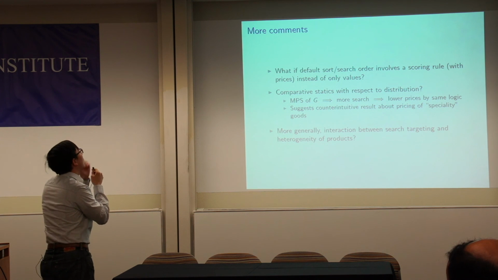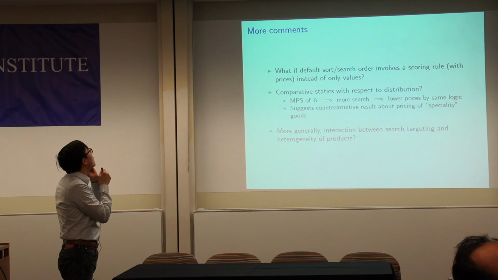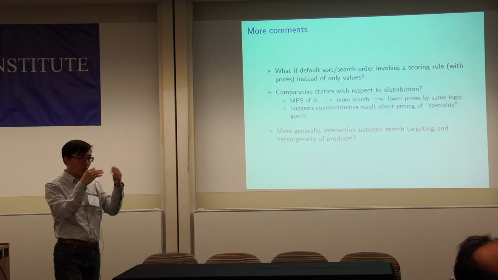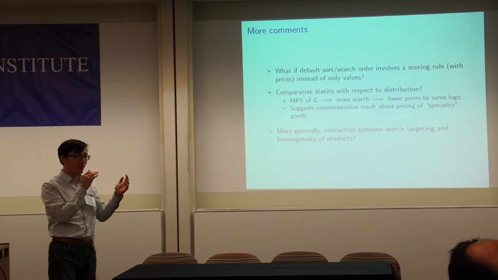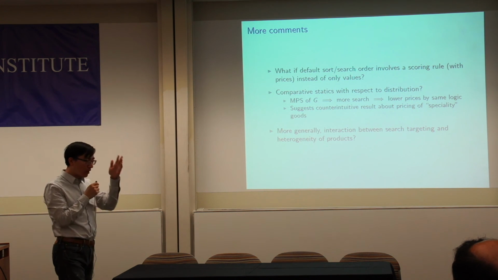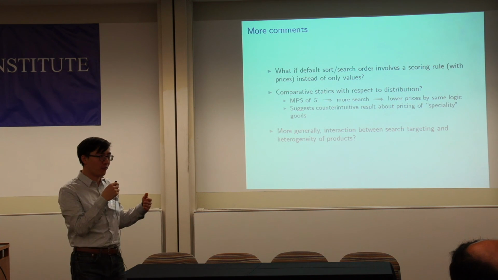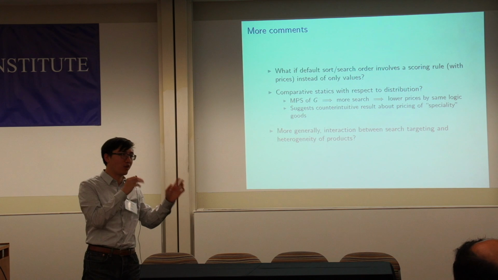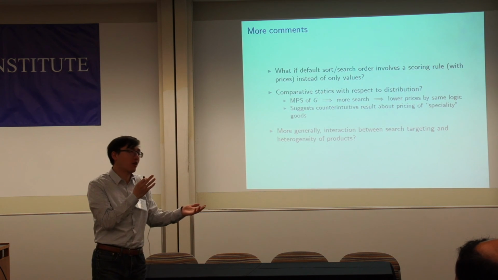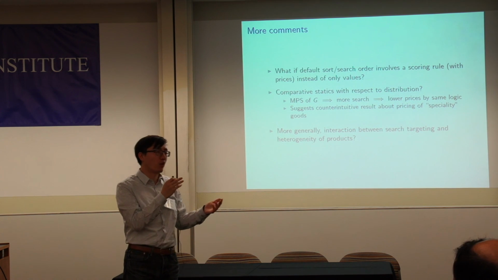And I really like the second one, about thinking more about the shape of the distribution. The way of cutting the distribution is one simple way to manipulate the difference between targeted search versus random search, but it's not the only way, right? There are a number of ways we can do it.